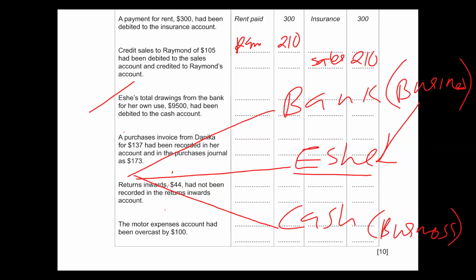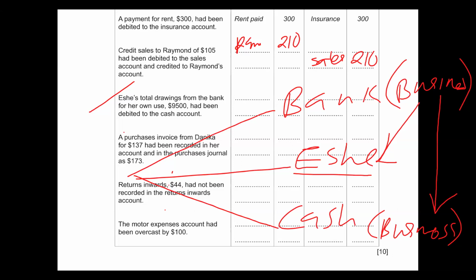If he had gotten it from the bank for the business use, like you withdraw so that you can use it in the business, it would have gone to the cash account of the business. But it was not the case. So for that very reason, we cannot debit the cash account, because the cash account never received the money.